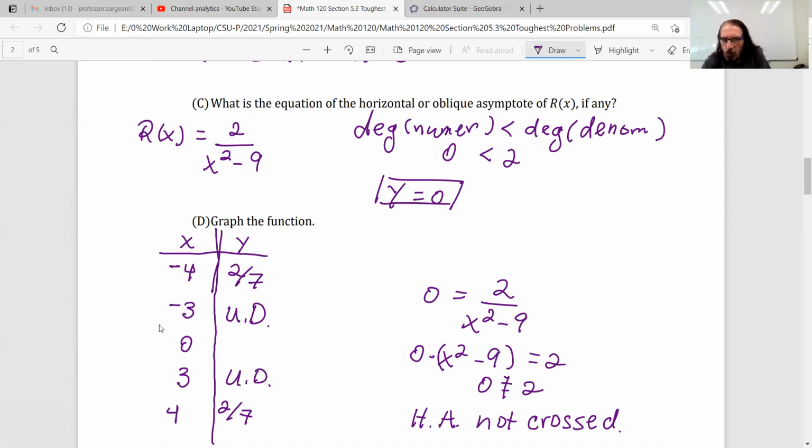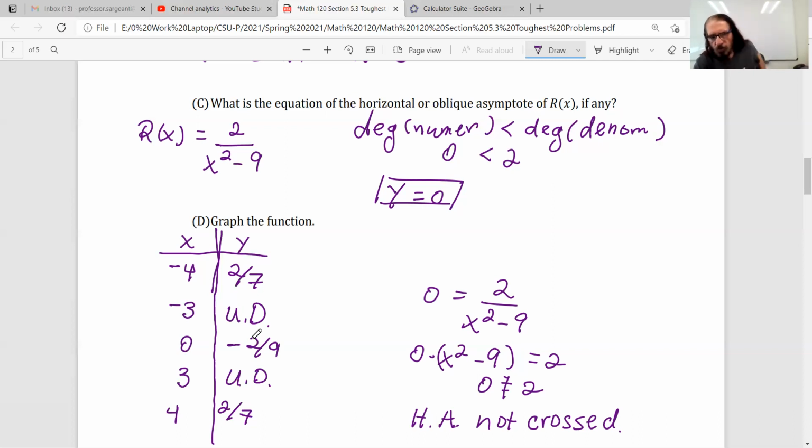And when we put in 0, 0 squared is 0, and 0 minus 9 is negative 9. So we've got negative 2/9. 2/7 is about 0.28, or if you only go to the nearest tenth, around 0.3. And negative 2/9 would be negative 0.2 repeating. So if you round to the nearest tenth, negative 0.2.